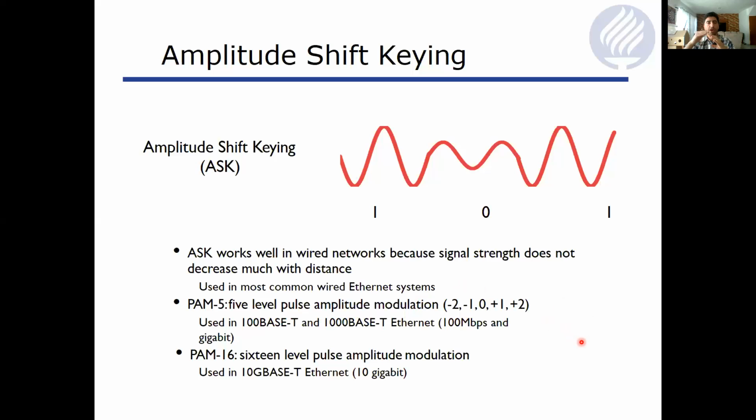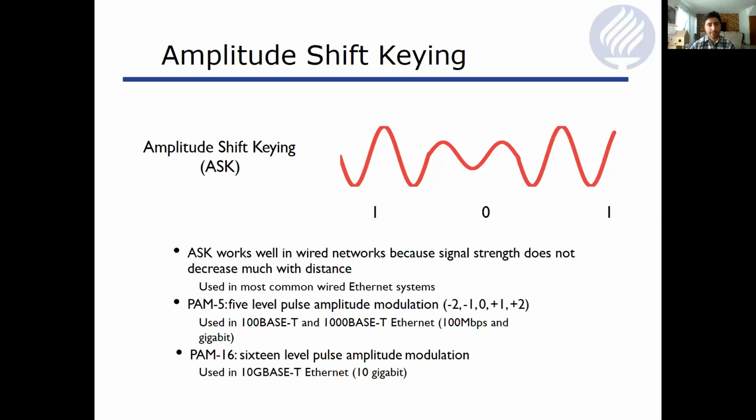We are shifting between 5 different levels of amplitude in order to transmit our information. As you can notice here, with each pulse signal, we can transmit 2 bits, because we have 5 different options. They're called pulses because you're sending pulses at these different amplitudes.